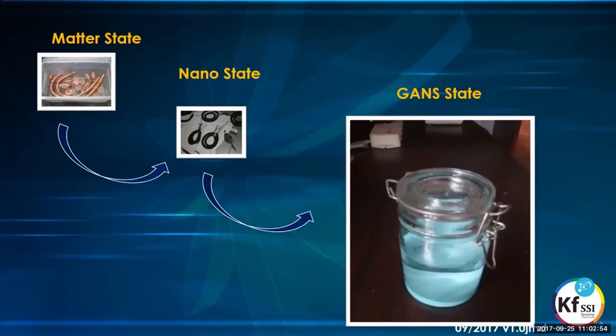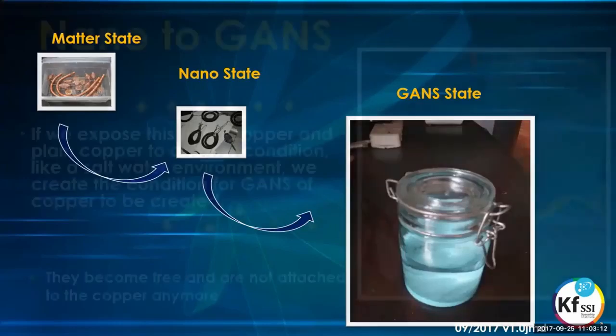So we start out with the matter state, we create the nano, and we'll be showing you in later workshops how you'll be creating your GANS material using different metal plates, one nano, one non-nano.